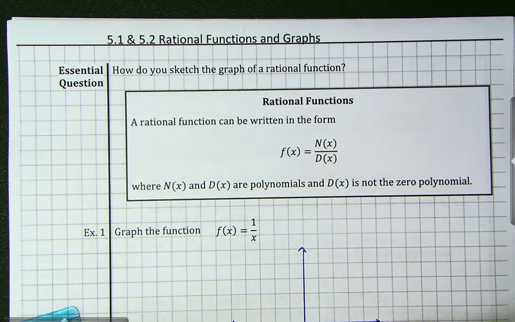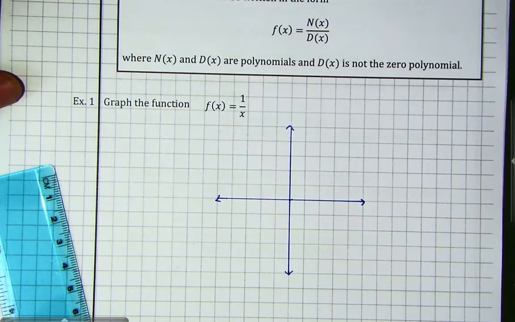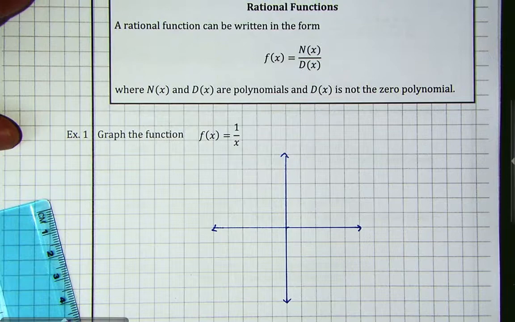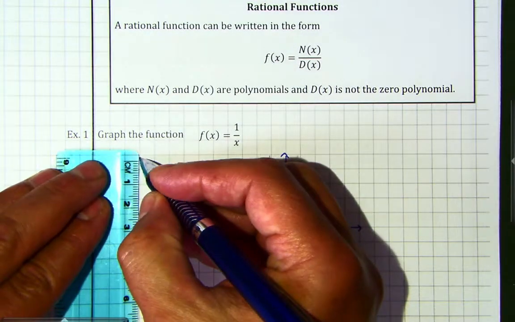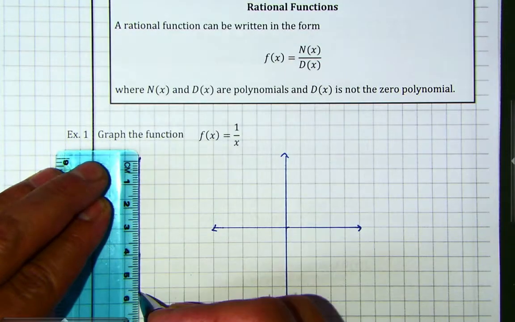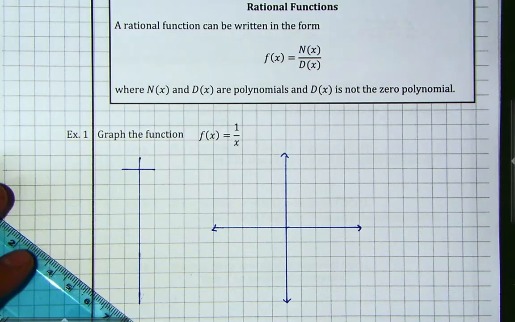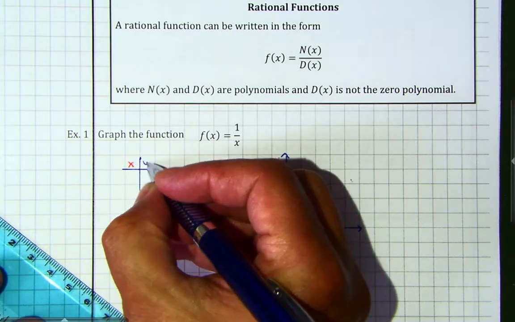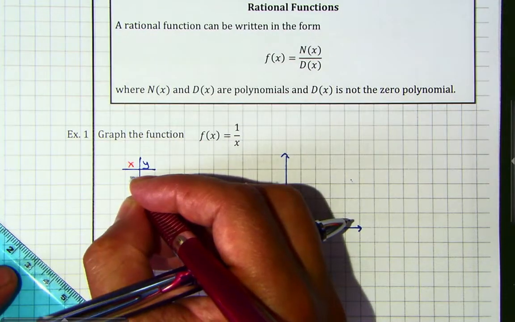And in order to graph it, I am going to make a table of values on the left, where I'm just going to plug in values for x, and that'll give me back values for y. And I'm going to start graphing it. So what value should I plug in first? I should plug in a 0.